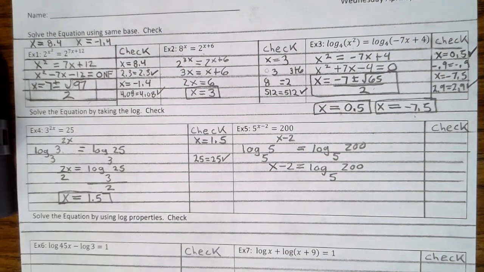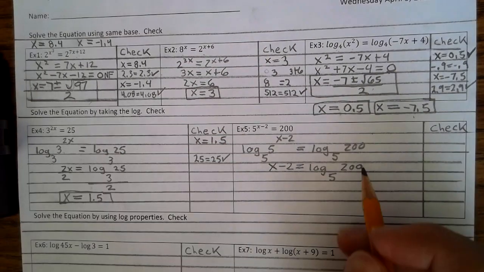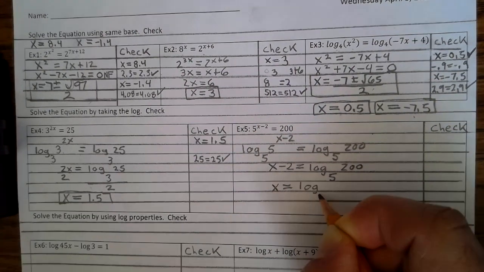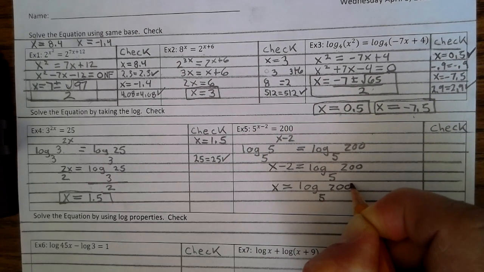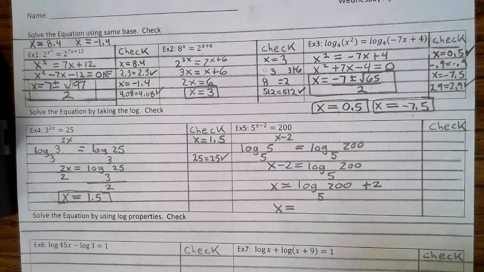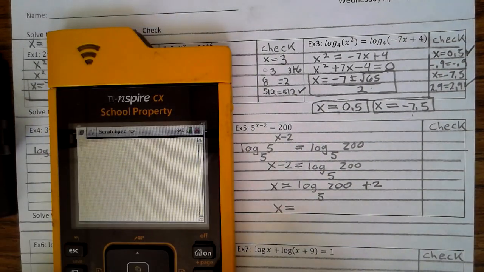You're going to add 2 to both sides, so x equals log base 5 of 200 plus 2. So x equals, and let's put that in the calculator. So control log base 5 of 200 plus 2 is 5.3.